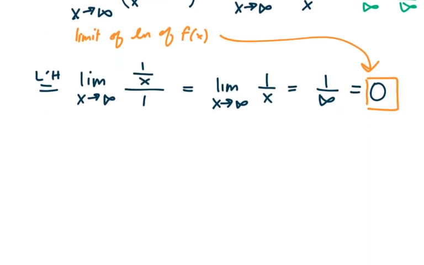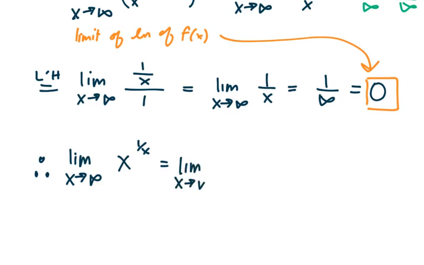Okay? So I'll write this out kind of formally. So therefore we know that the limit as x goes to infinity of x to the 1 over x equals the limit as x goes to infinity. We let that be our function. And we said, well, I can exponentiate this, right?